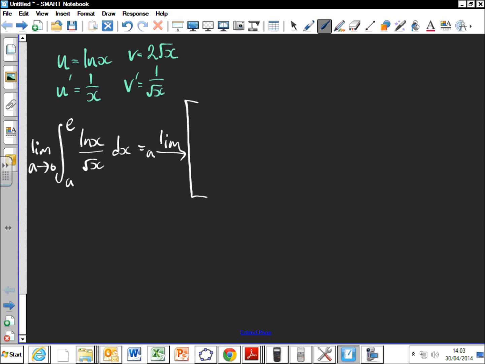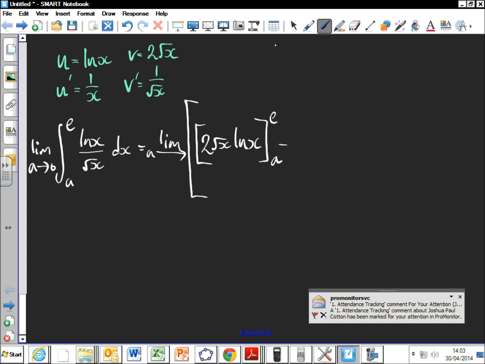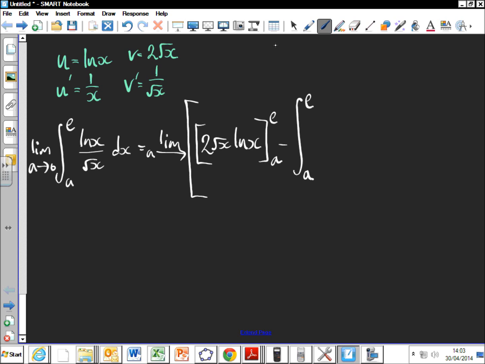So this is 2 root x ln x. I've got to put in the e and the a, yeah. Minus the integration. You need to put the e and the a, don't you? Yeah, no, I've still got to sub the e and the a into there, yeah.